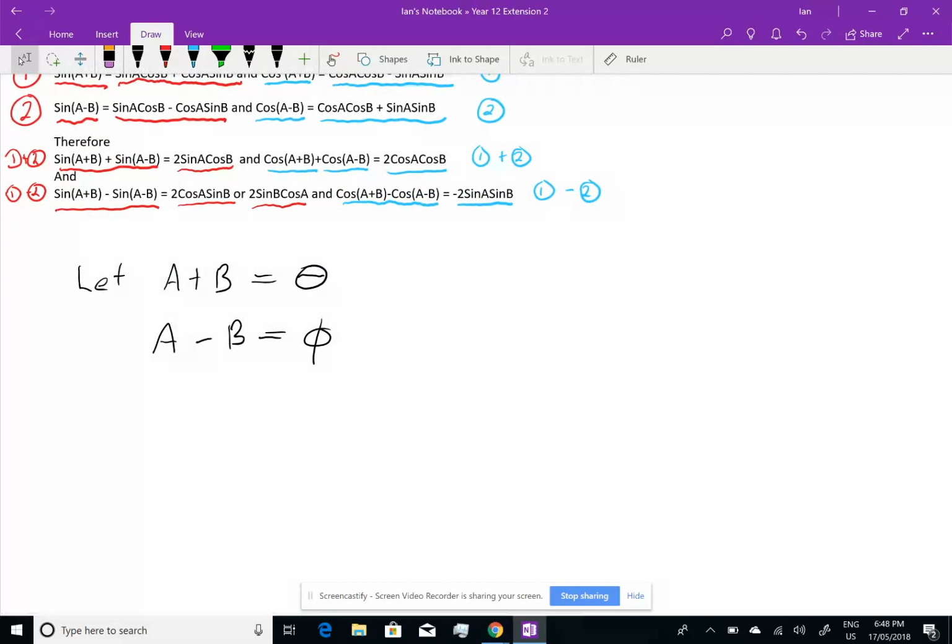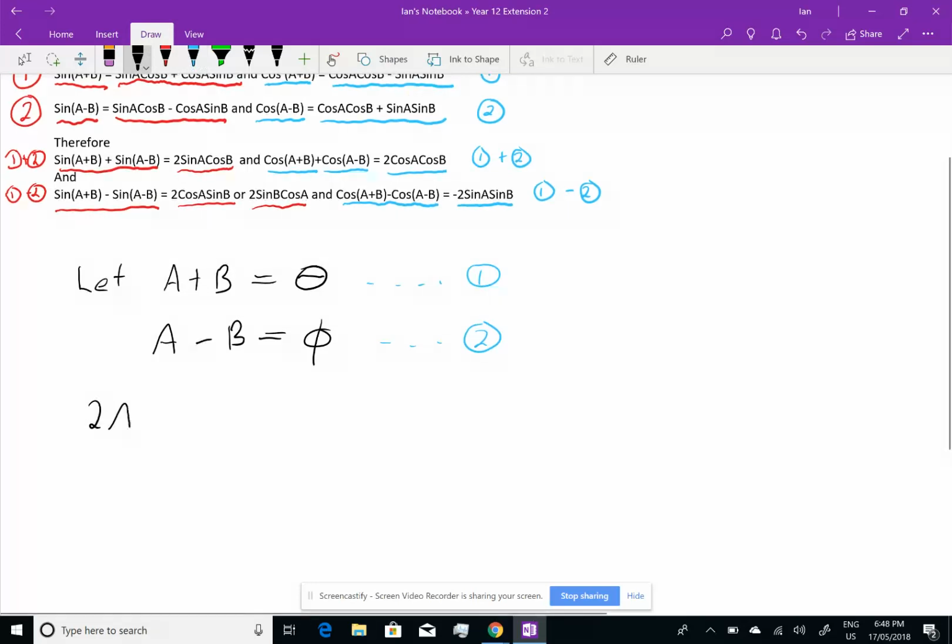If I add those equations together, and call that equation 1 and that equation 2, I will get 2A equals theta plus phi.